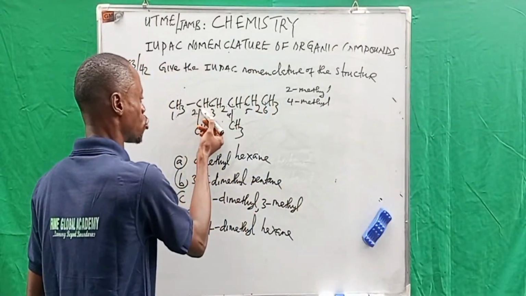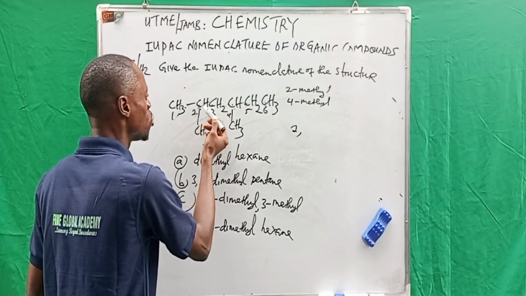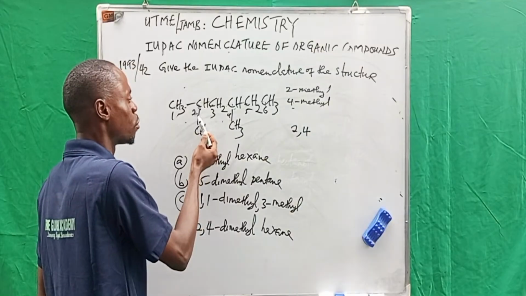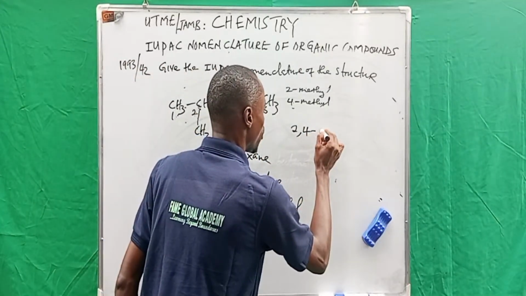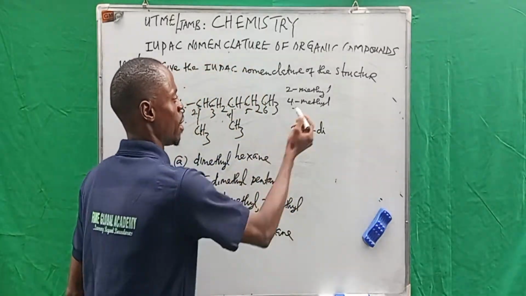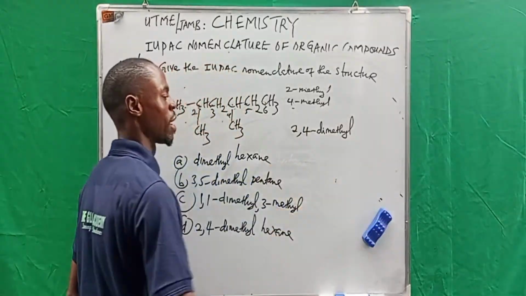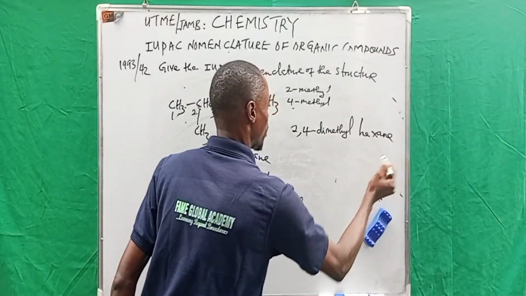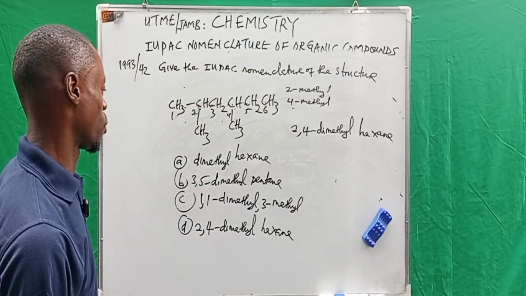Say 2, 4. Because it appeared twice, you use the prefix di. Then before you name dimethyl, of course you put the parent carbon, which is called hexane.